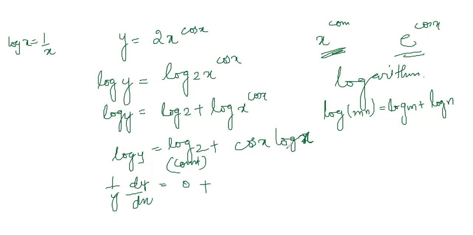Now over here, you have to use the product rule. What is the product rule in the case of derivative? Cos x times the derivative of log x, minus the derivative of cos x, that is sin x log x. Is it okay? Guys, understanding? Yes, ma'am. Now when you simplify, what are you going to get?